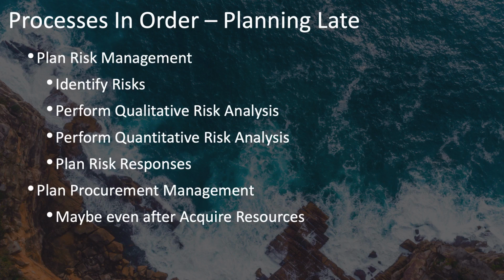You will certainly need to go back and revisit some of those prior processes as you put in the risk responses and update your scope, schedule, and cost prior to baselining them.